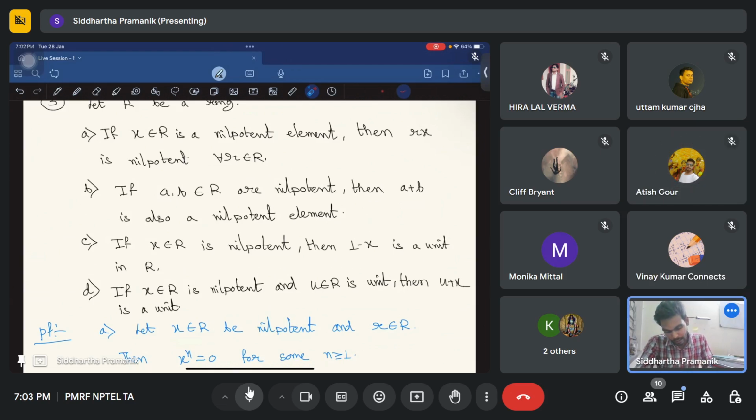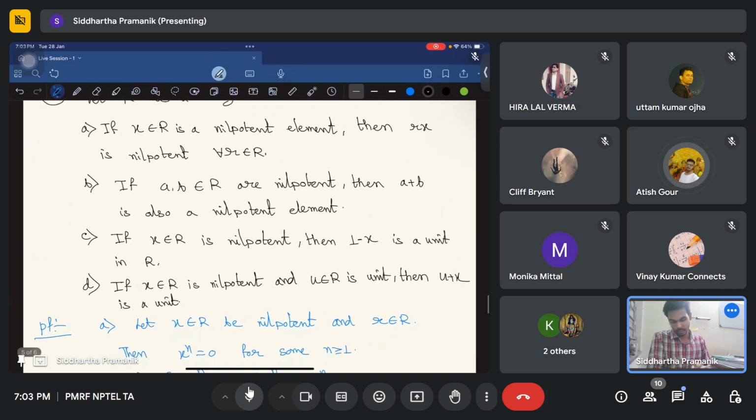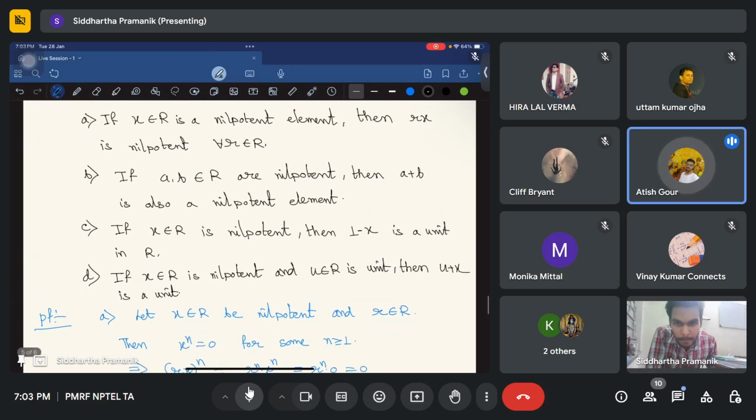No, no, no. I am taking u as an arbitrary unit. You need to prove u plus x is a unit. Did you understand the question? Yes, sir, understood the question. So what is your argument then? I'm not getting it.